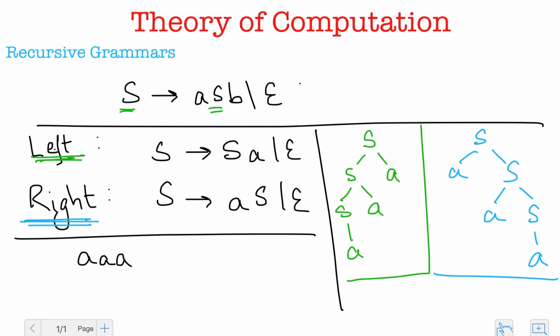Whereas the example that we saw last time was S goes to SS or A. This was in fact both left and right recursive. So if something is left and right recursive, it's definitely ambiguous. And if you remember, we did see that this was ambiguous in the last video. So that's about recursive grammars.